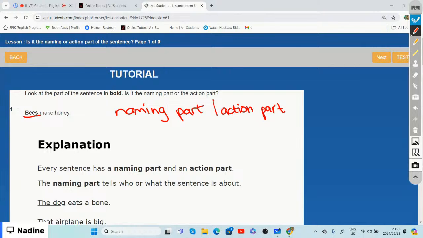If we were to select the correct part, then we would say bees is a naming part. I'm going to circle naming part, which means that it is not an action part. It is a naming part because it tells us who or what the sentence is about. And the sentence is about bees. And what do bees do? They make honey. So bees is our naming part.